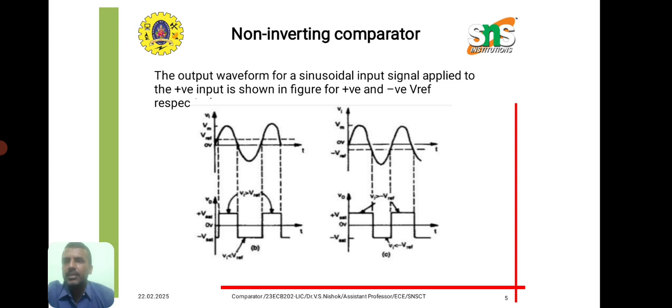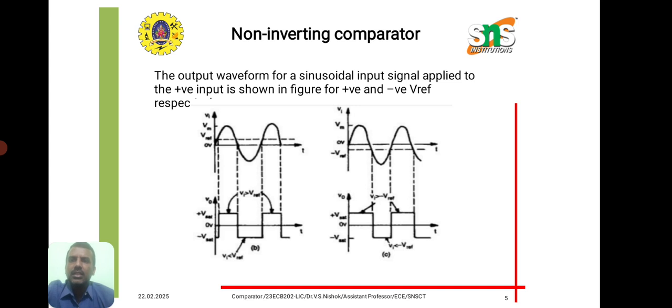As per the previous condition, whenever Vi is greater than V reference, the output will be plus Vsat. Whenever Vi is less than V reference, the output will be minus Vsat. That is proven in the left-hand side square output waveform.